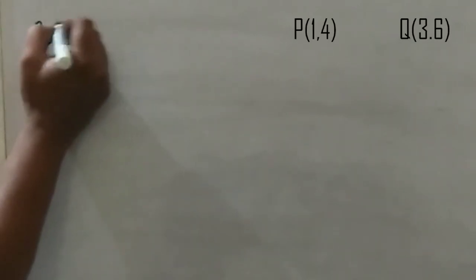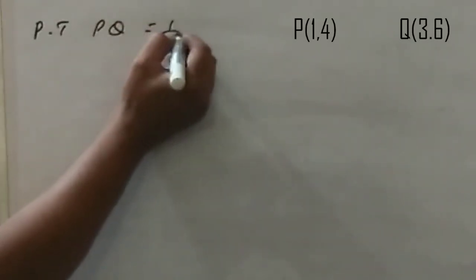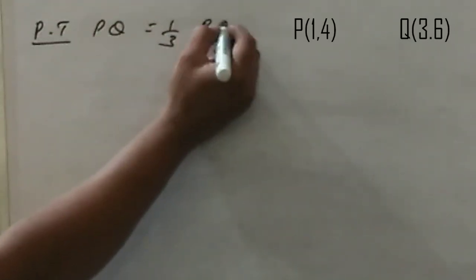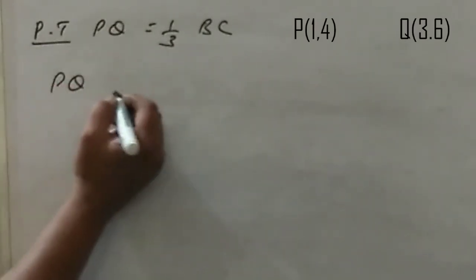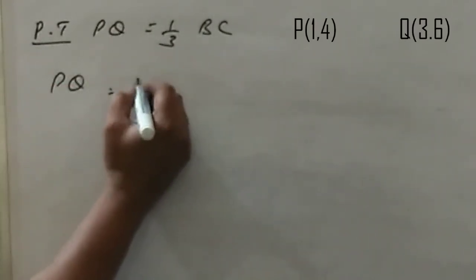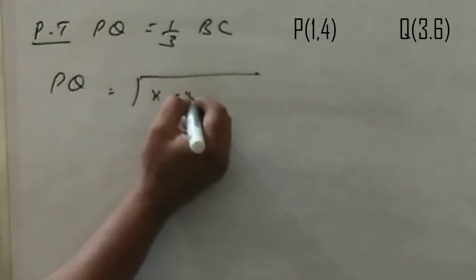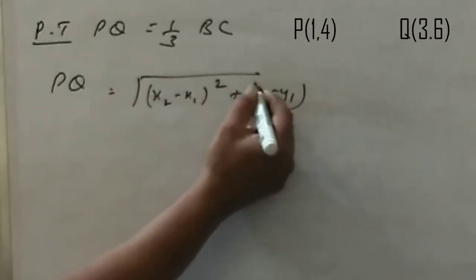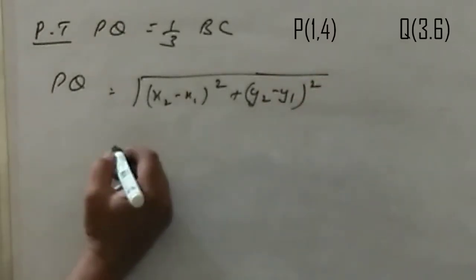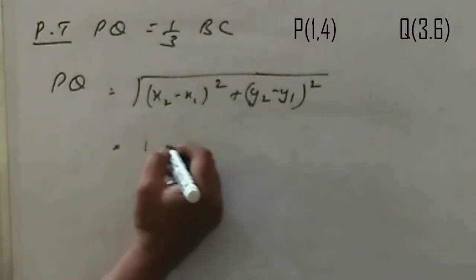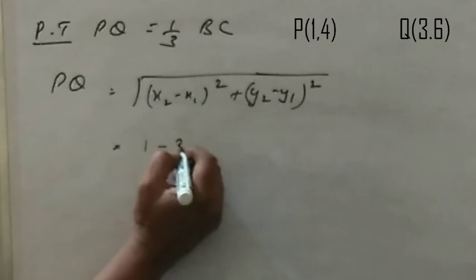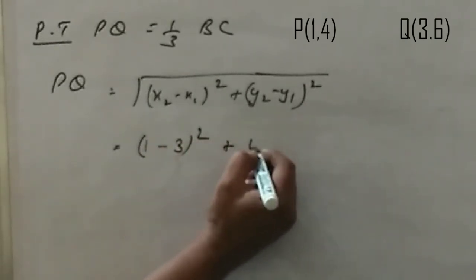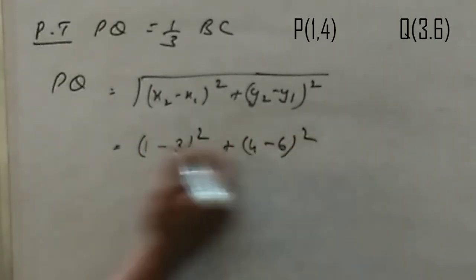Now we have to find out the distance. Prove that PQ is 1/3 of BC. So let us take PQ. That is the distance formula: under root of (x2 minus x1) whole square plus (y2 minus y1) whole square. (1 minus 3) whole square plus (4 minus 6) whole square.